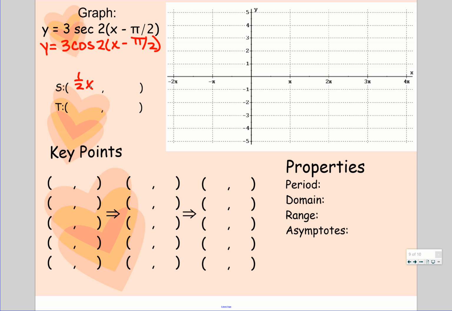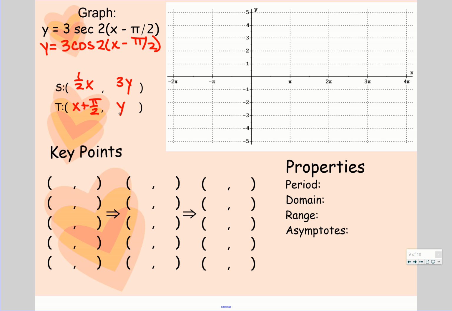What other number there does a stretch or shrink? A. 3 times y. Okay, reciprocal of b times x, a times y. Translations. The rules are x minus c, which here is going to be x plus pi over 2, y plus d, which we don't have a d value. It's just going to be y.